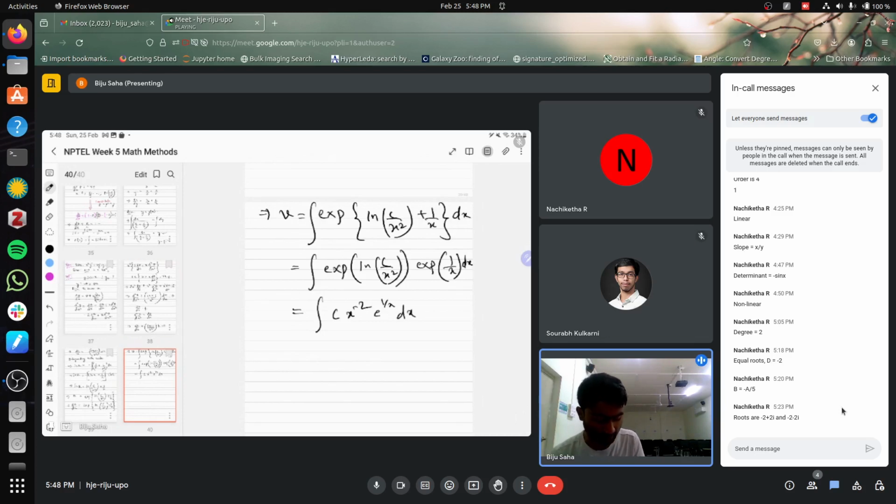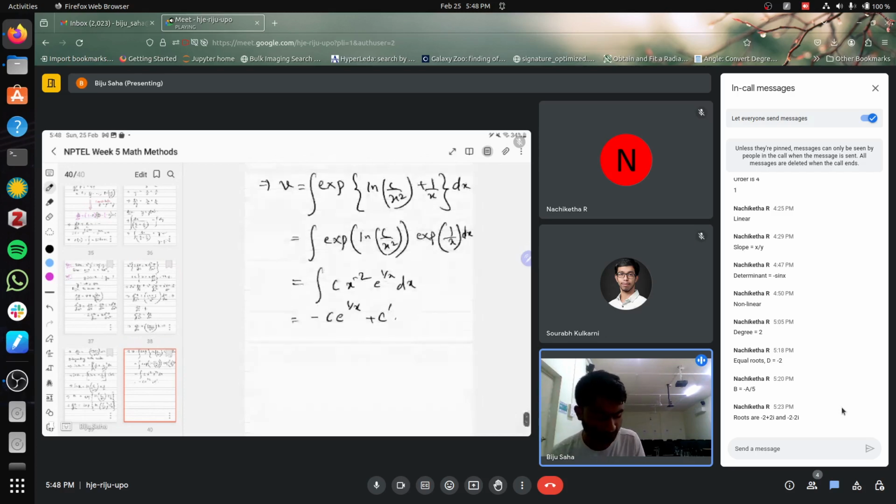So you can carry out this integration. Mainly you'll apply integration by parts, and what you come across is the final form. This is a new integration constant that comes because we are integrating this particular thing. So right now this is your v.